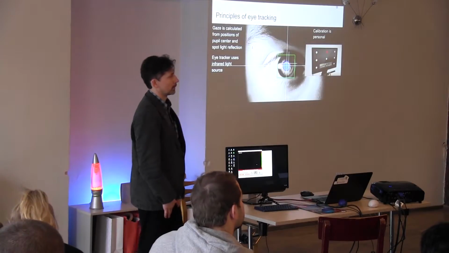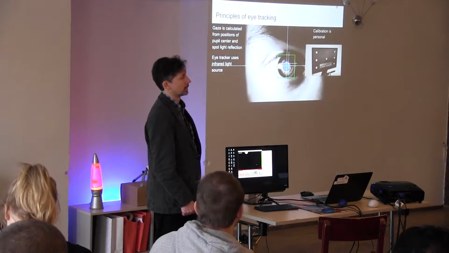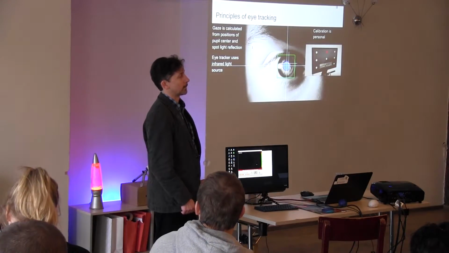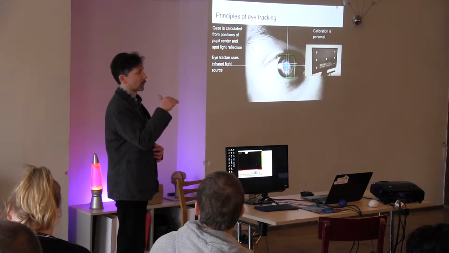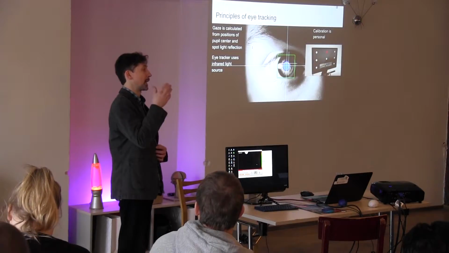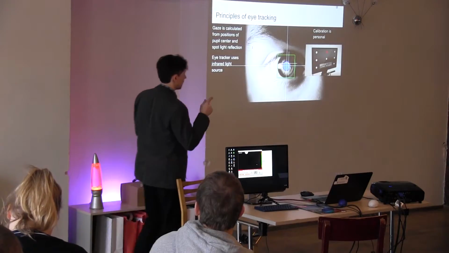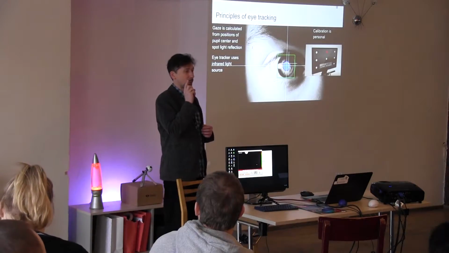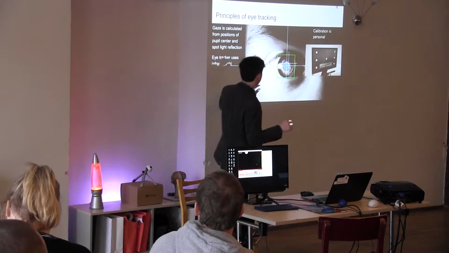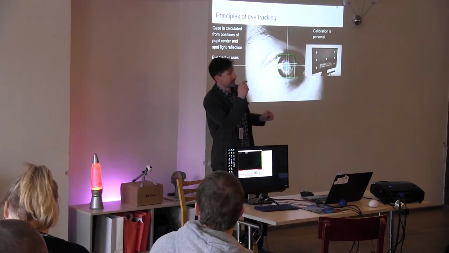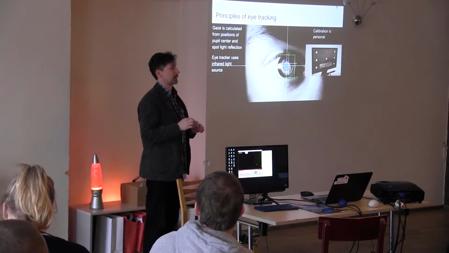What's the reason behind the difference? Is the eye bigger or smaller, or why do two people have different results? Yeah, it's the shape of the eye, the reflecting surface of the eyeball. Even if participants look at the same point, the distance on the camera image between the center point of the eye and the light spot is slightly different.